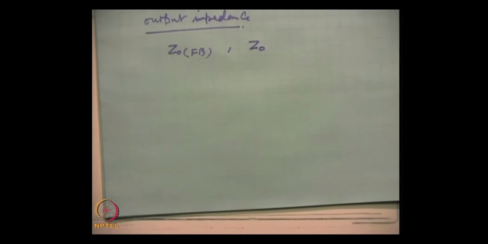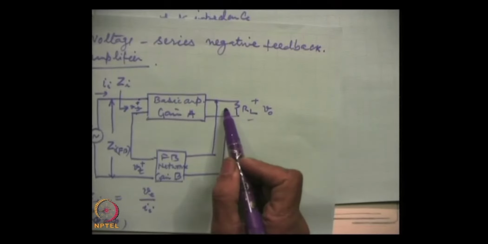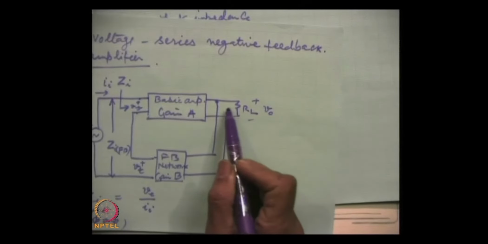Suppose you are given any circuit and we ask you to find out the impedance, what will you do? You will apply a test signal, a small voltage, and find out the resulting current, and the ratio of the two will give you the impedance. Similarly, the rules of the game here are that we have to find out the output impedance here, and this can be done.